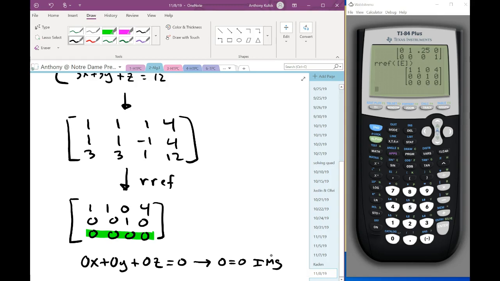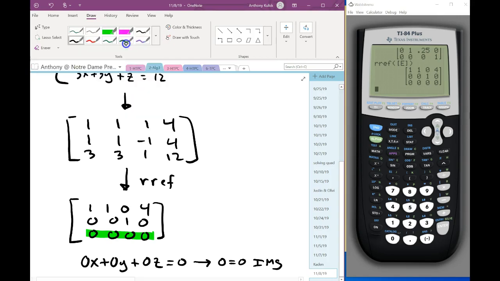Everybody okay with that? But remember, when we had these infinitely many solution situations, we wanted to write the generic answer to this as well. So the way to describe those infinitely many solutions, the answer that we have here from the calculator will also allow us to do this.